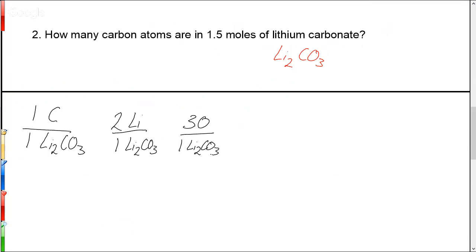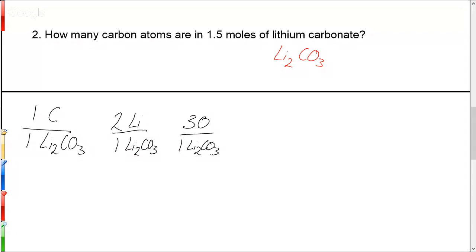If we have a dozen lithium carbonates, how many lithiums do we have? 24. Or we could say 2 dozen if we don't want to actually count it all out. We could say 2 dozen lithium atoms per dozen lithium carbonates. Because we're always going to have twice as many, because the formula tells us it's 2 to 1.